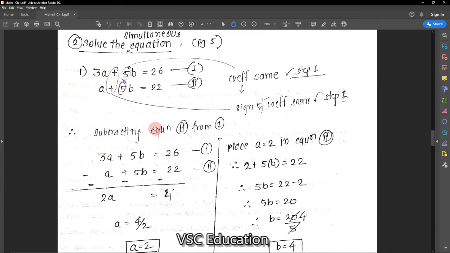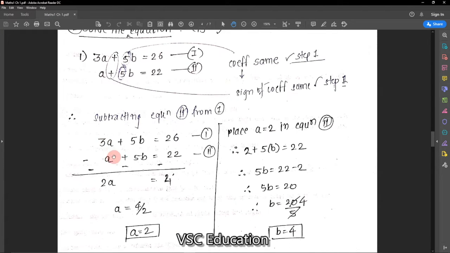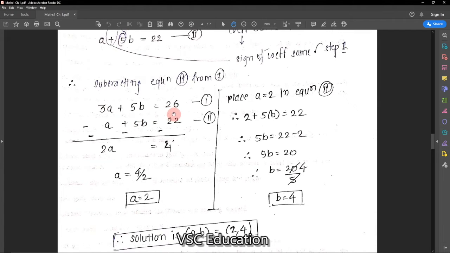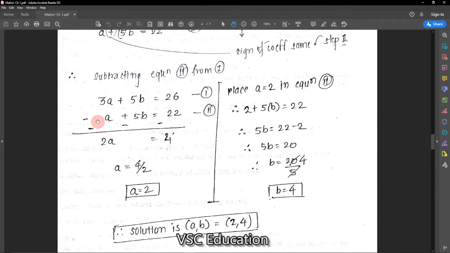Understand? Now see again, you write both the equations. 3a plus 5b is equal to 26. Then a plus 5b is equal to 22. Again you write equation 1 and equation 2. Right? Now between the two equations we are subtracting, so which sign comes? Minus.